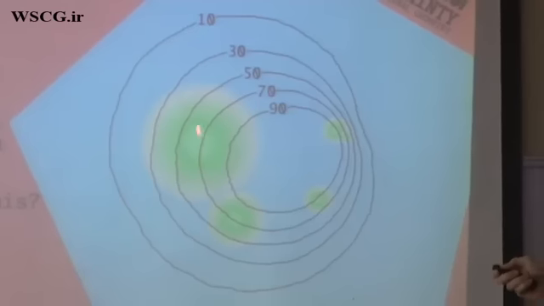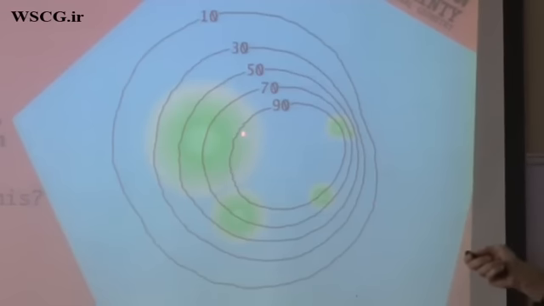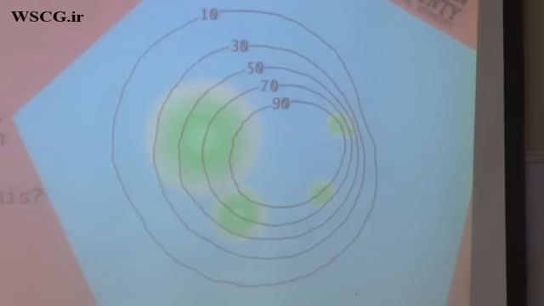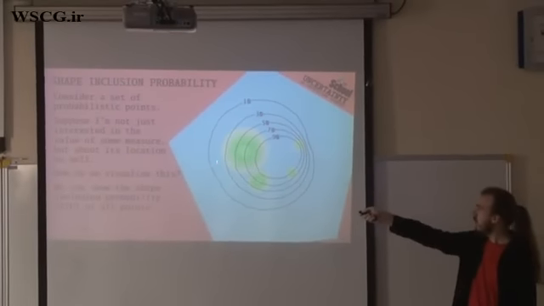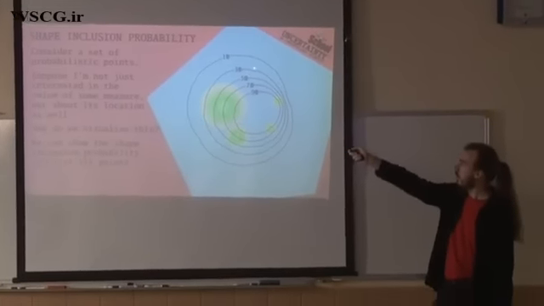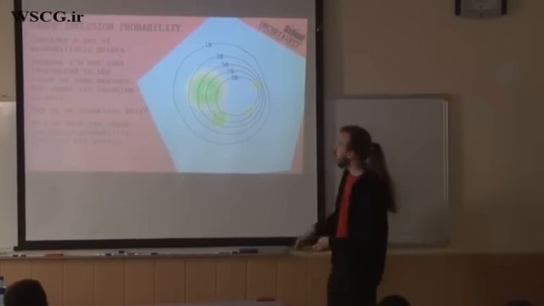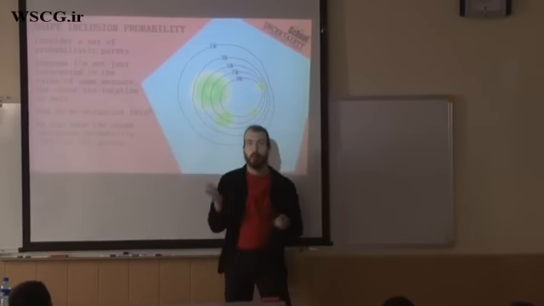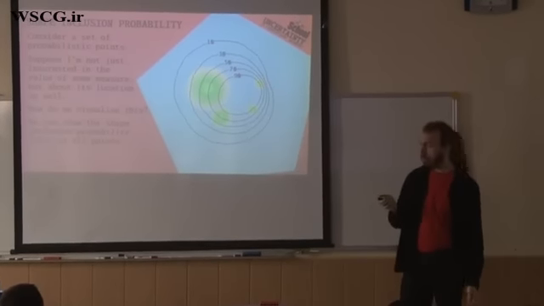So if my shape is the smallest enclosing circle, then in this particular case, all the points inside this contour line here have a 90% chance of being inside my smallest enclosing circle. And the points here have a 10% chance, or at least 10% chance of being inside my smallest enclosing circle. Okay, so these contour lines are contour lines of a three-dimensional function, which assigns to every point in the plane the probability of that point being inside my shape. Okay, and that's what we call the shape inclusion probability.